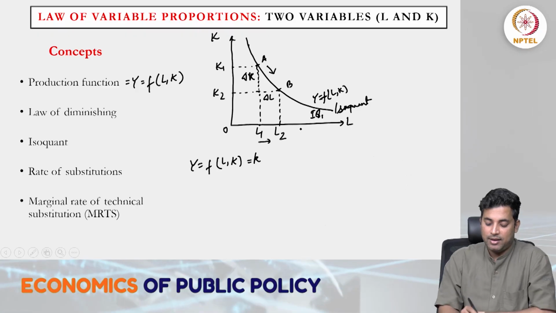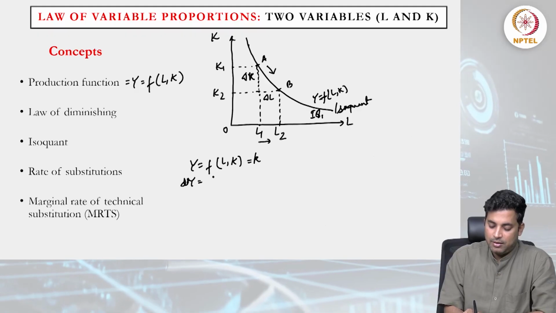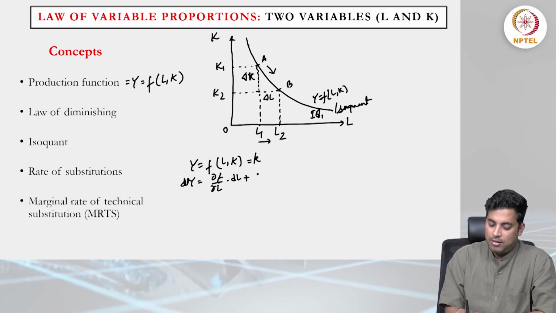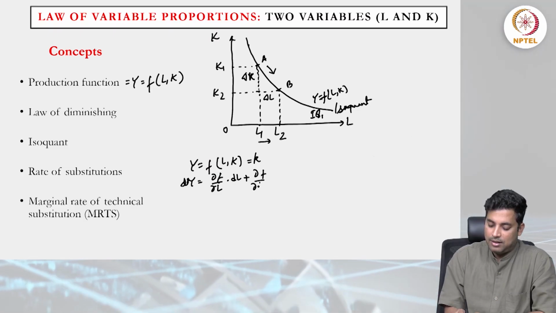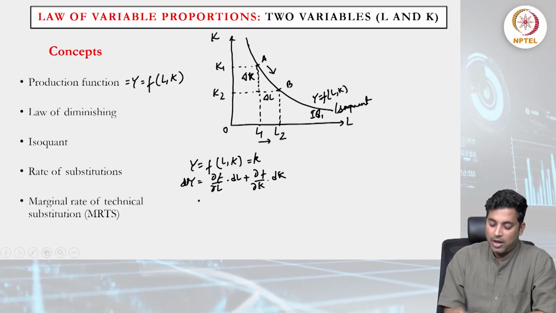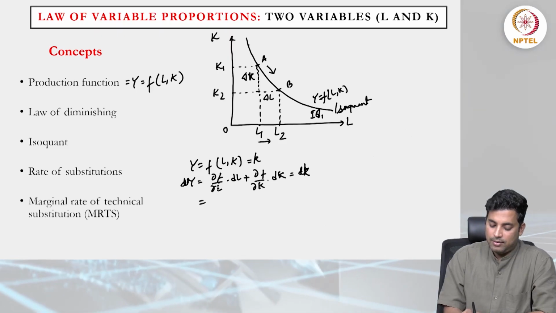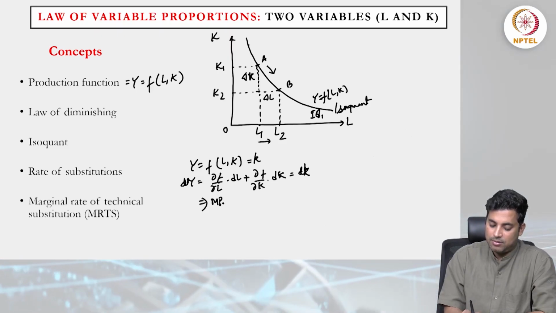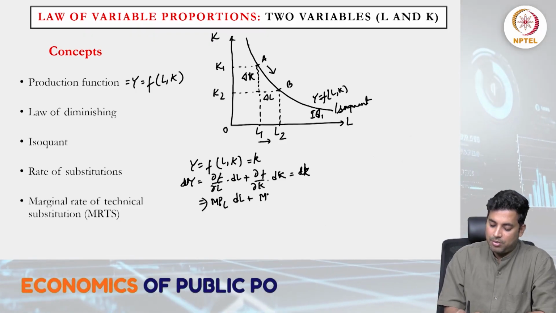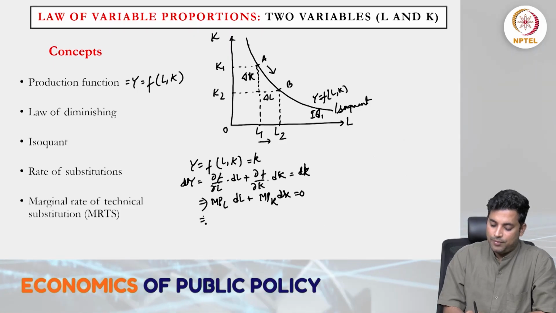same and constant. And then if we take the total derivative here, then marginal is df by dL dL plus df by dK dK, and since y equals a constant, this is zero, because this is the marginal productivity of labor dL and marginal productivity of capital dK equals 0.